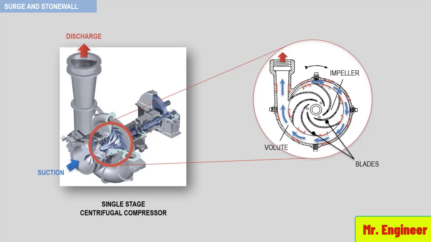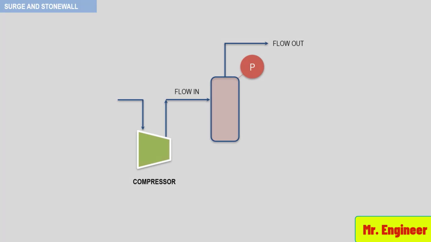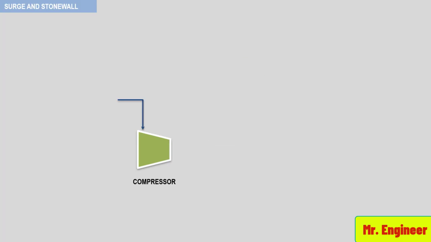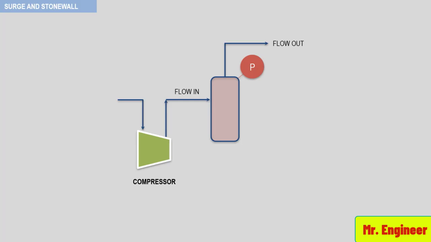If we examine a typical compressor system and look at the discharge system from the compressor discharge flange to the discharge check valve, we can see that at the point of maximum blade or impeller head production, the pipe and discharge pressure of the compressor can be thought of as an equivalent vessel, as long as the flow into this vessel is equal to the flow out.